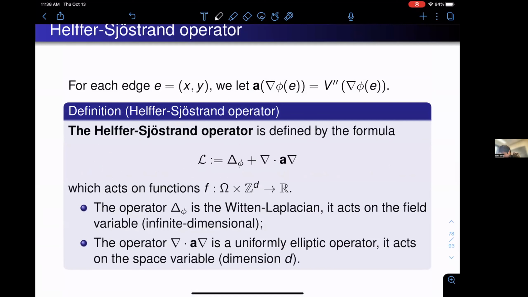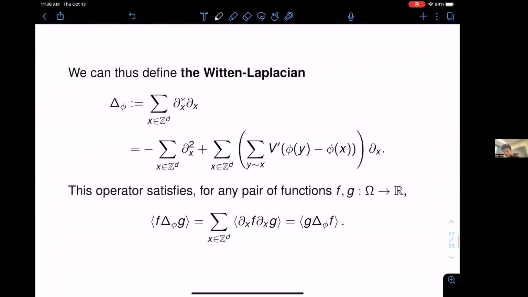So I need to define for you what this guy is. This is something called the Witten Laplacian. So the definition is this. Phi x is the field at x, so we have a second order derivative in phi x, summed over all the x, and we have this term. So it's in some sense an infinite dimensional operator because the x takes values in all of the places.